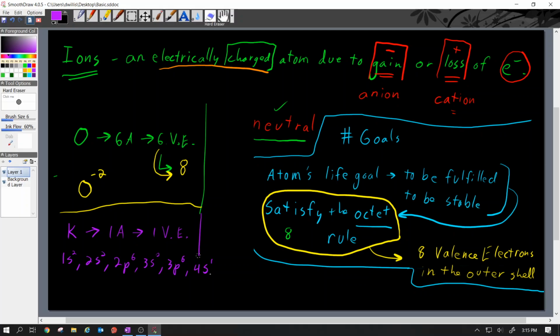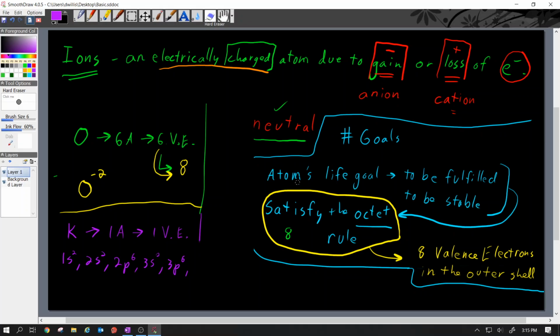Hey, now, here's something that we could do. We can't gain 7 to fill up that 4th energy level. But there's only 1 electron in this 4th level. What if we just sort of scrubbed that out?